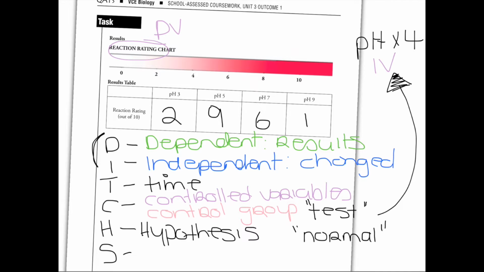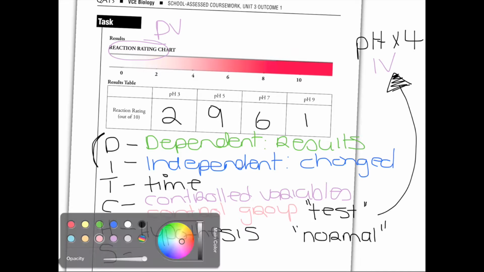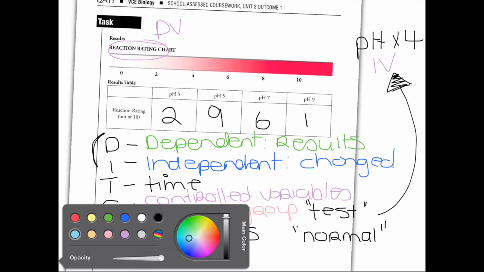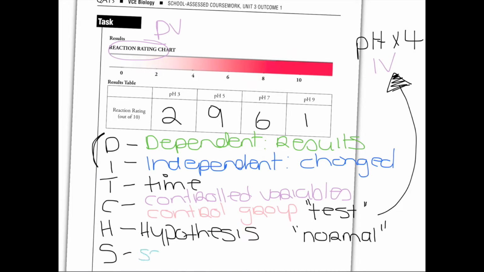And last but not least, it's very important, so I'm going to put this in a different colour so it stands out: it's important that you have an accurate sample size, or that you've repeated it, so repeated measures. So you need to have all of these things when you come across a question that asks you to design an experiment.